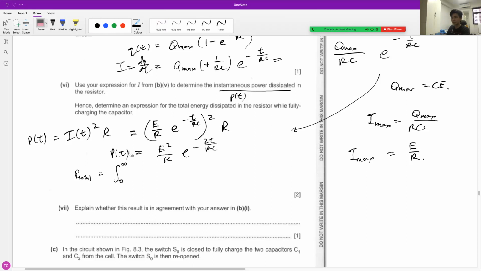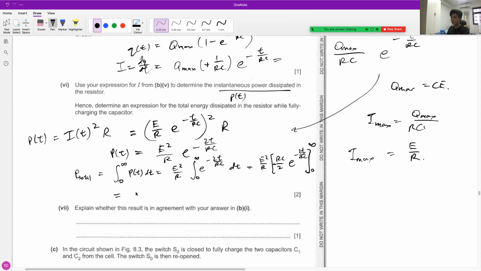So it's the integral of P of t dt, from 0 to infinity. The integral is just RC over 2, negative sign, e to the power minus 2t over RC, from 0 to infinity.